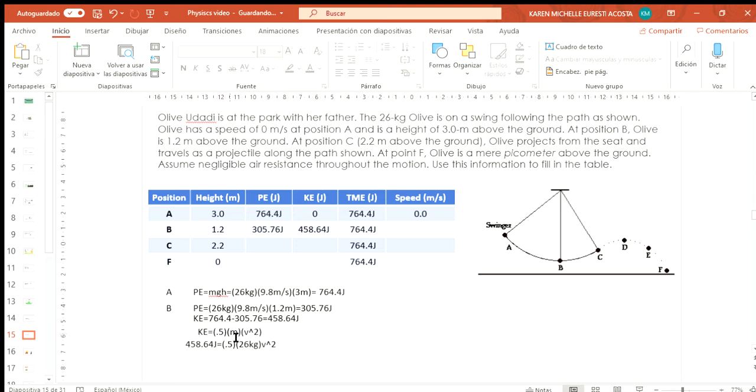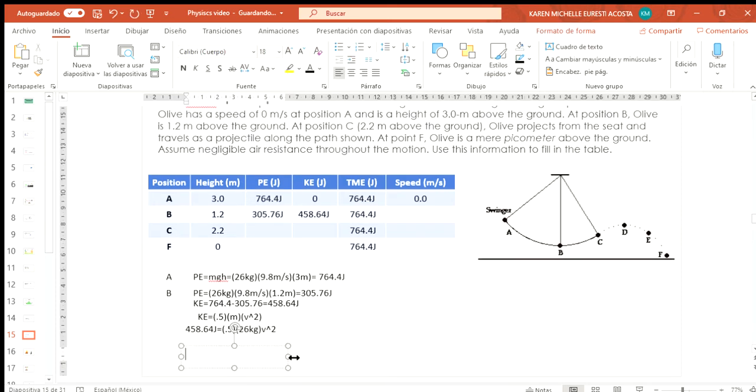We just have to pass these values to the other side.